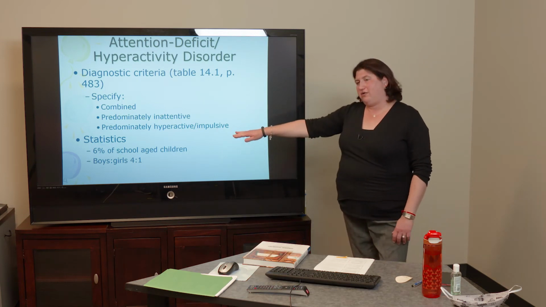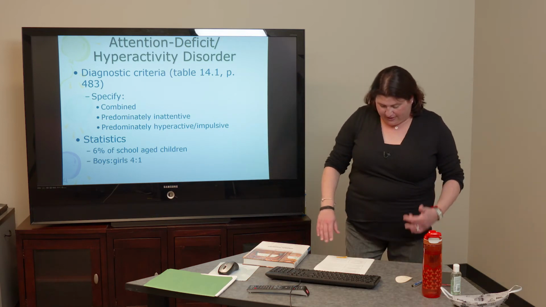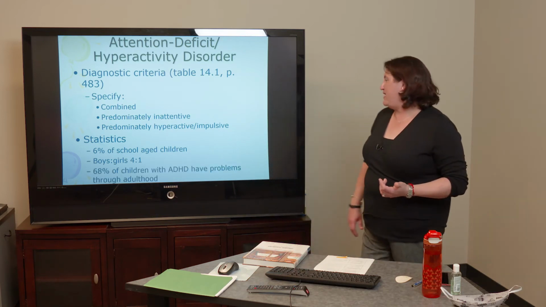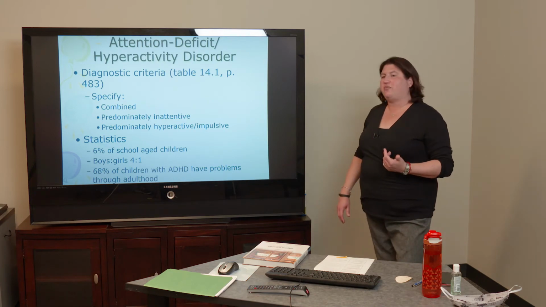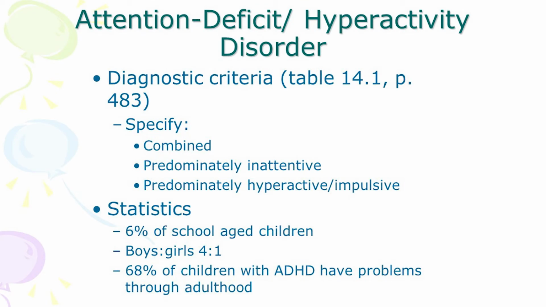But is that the vast majority of them? No, because we also know that 68% of children with ADHD continue to have problems through adulthood. So we know that not everybody's growing out of it. We know that boys are diagnosed at a much higher rate. And we know that about 6% of school-age children will carry the diagnosis.